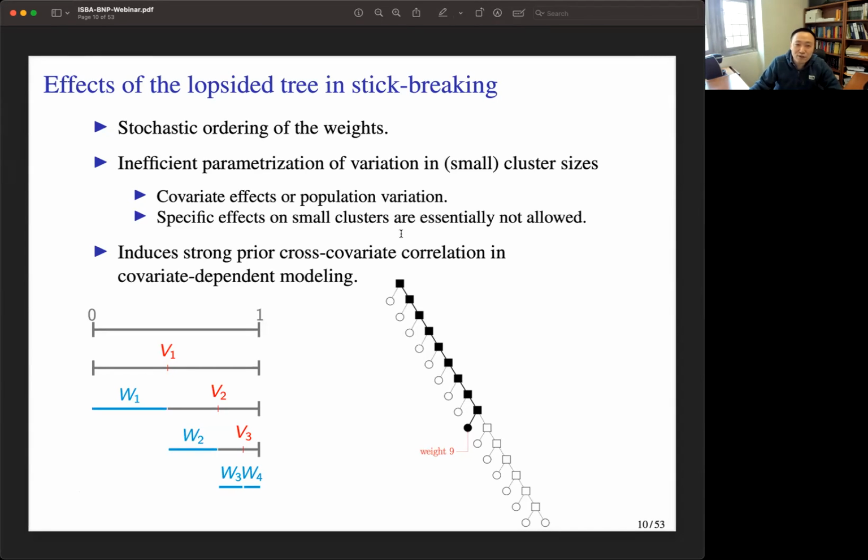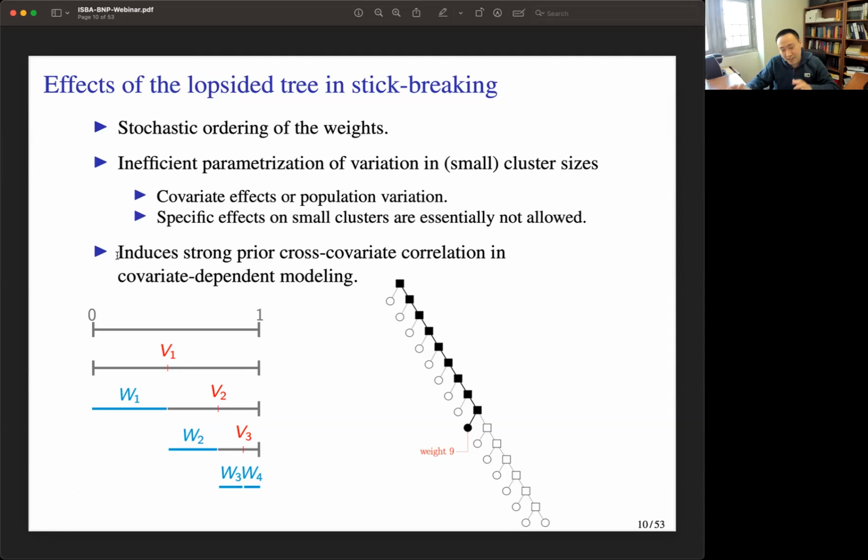So it's not a very efficient way of characterizing a sparse effect on a cluster, especially for smaller ones, which by stochastic ordering are pushed to deeper levels of the tree. In fact, you use numerous covariate effects to characterize the impact on relatively small clusters. Clearly, that's not very efficient.